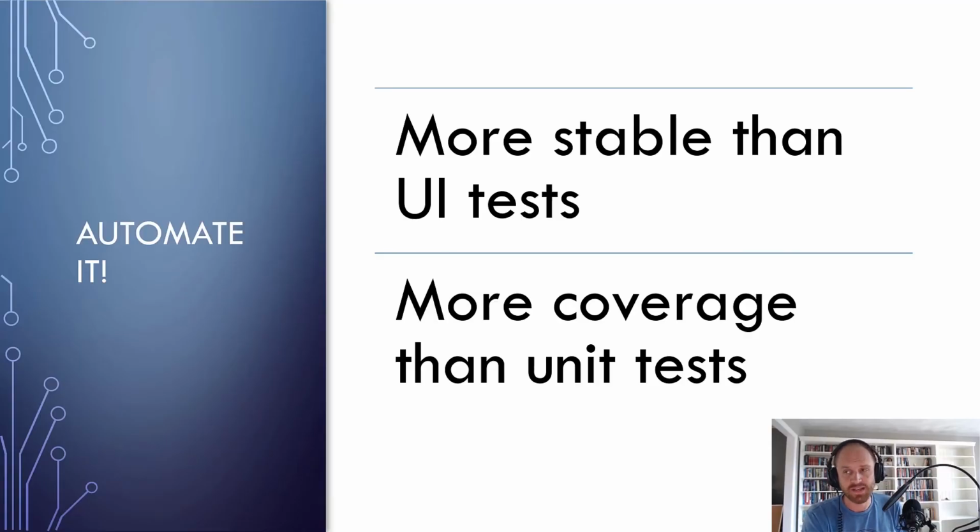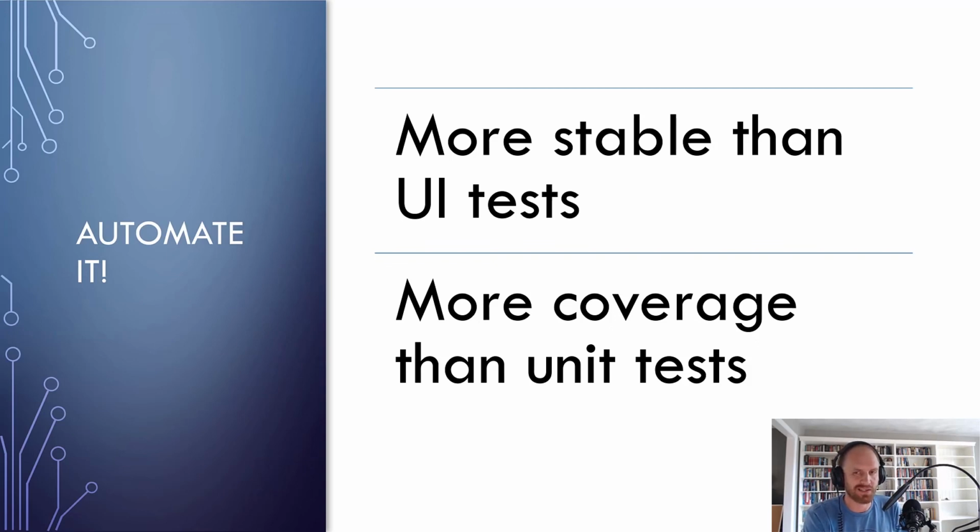But as I said, automate it. They're more stable than UI tests for sure. API tests tend to be much more stable. You don't have UI selectors that might change. Perhaps your API version changes or some data changes in the API over time. But generally those things are much easier to adapt to and to work with.